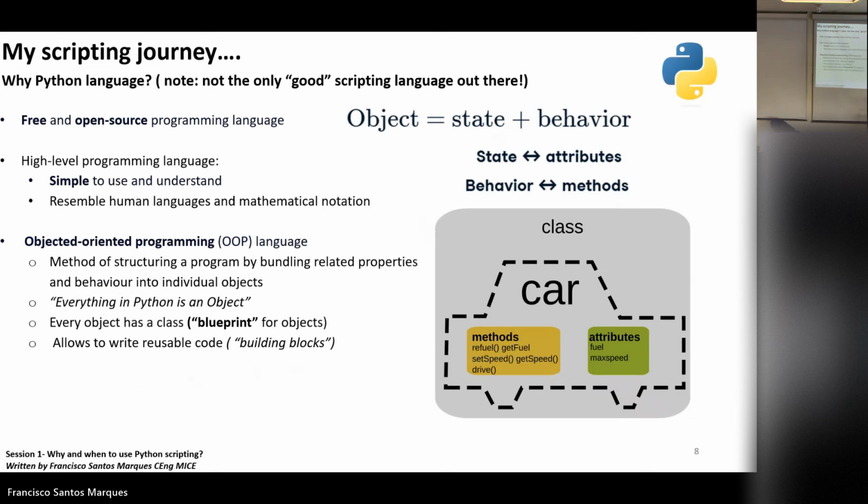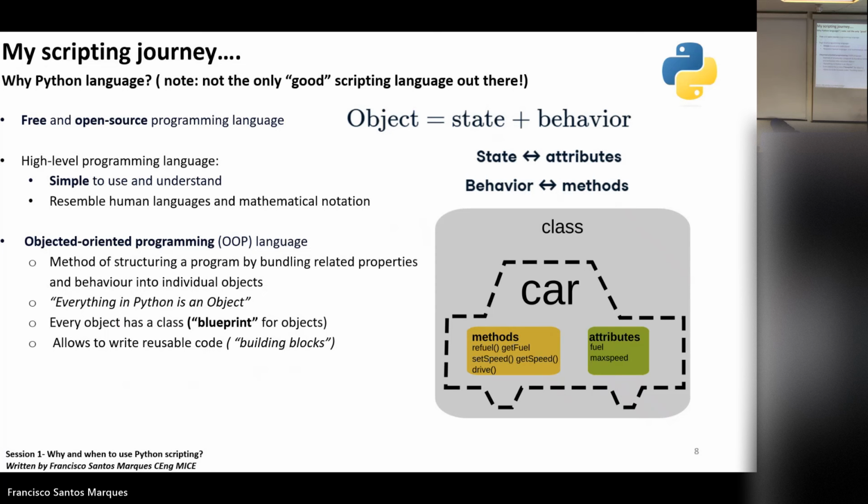So now that I've talked about scripting, at least my journey in terms of starting to script, it's time for me to talk a little about why I use the Python language in the first place. And it's important to notice that Python is not the only scripting language out there.